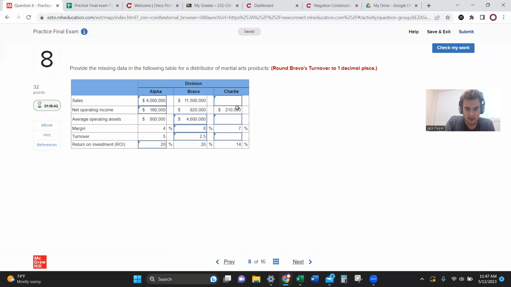All right. And then for this one, we have our net operating income, we have our margin, we have our return on investment. So I think we can find our sales first.